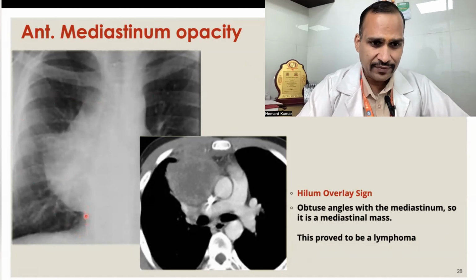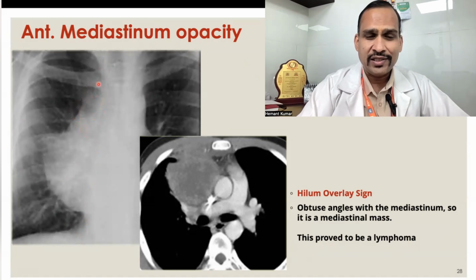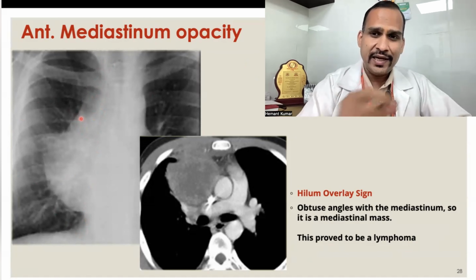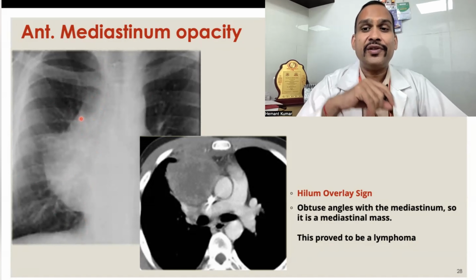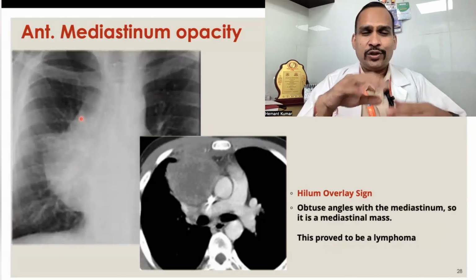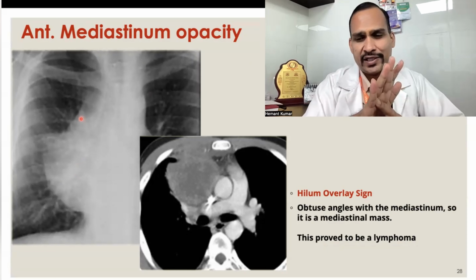So this is the mediastinal border. If you see this angle, can you see this angle? This is an obtuse angle, more than 90. If it is less than 90, probably we are dealing with a lung mass, not a mediastinal mass. Okay, so three things are there to say anterior mediastinal mass.